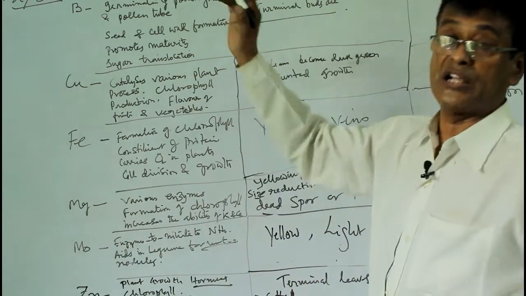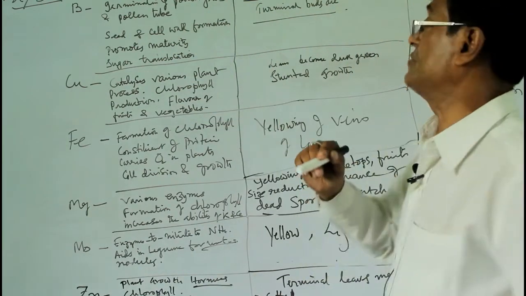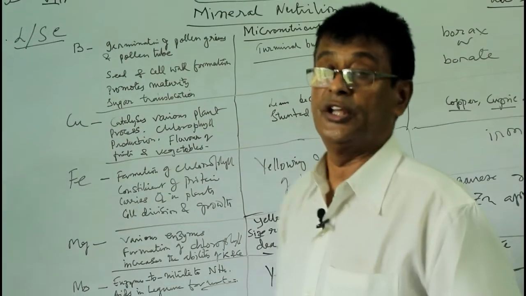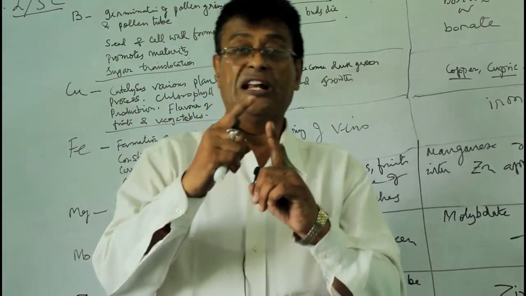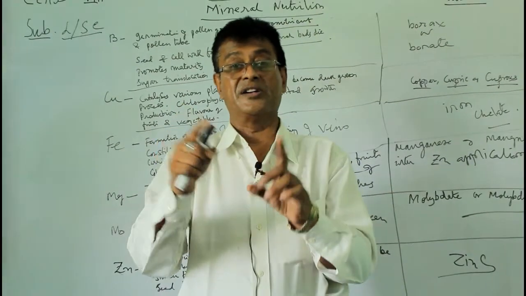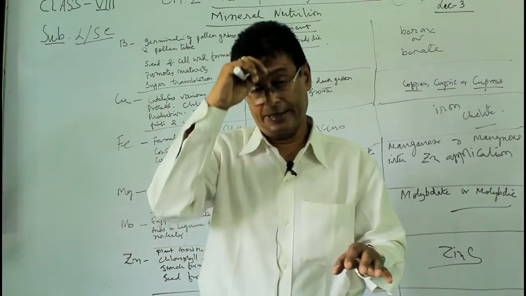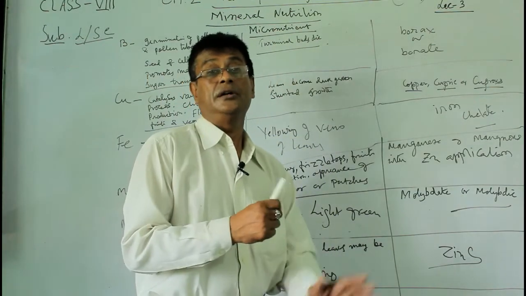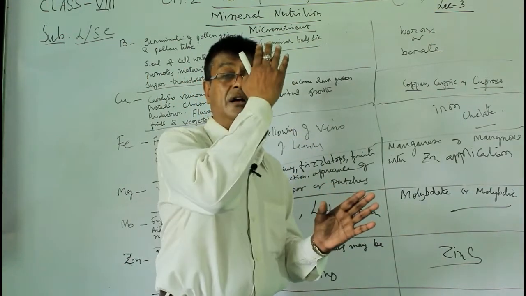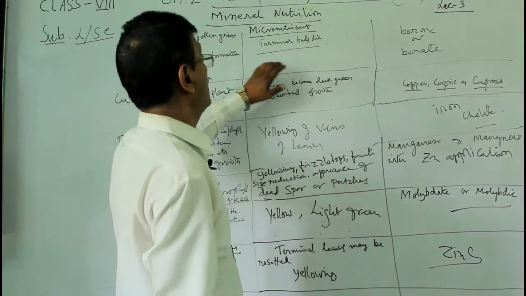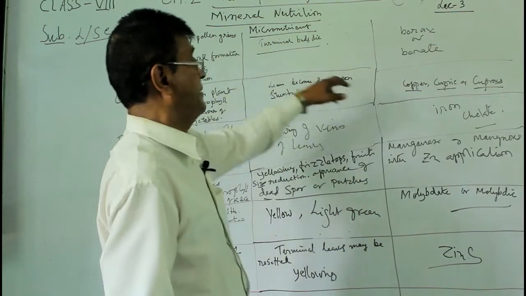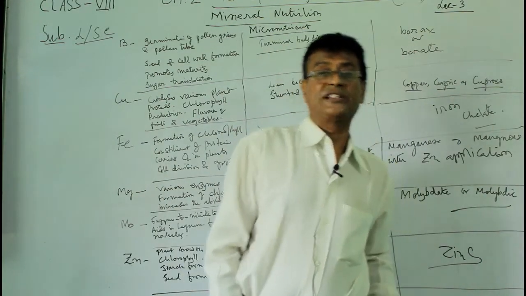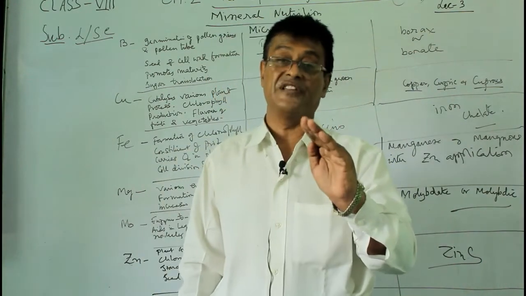Now, what will happen in the deficiency? You see, the terminal buds will die. You know, there are apical or terminal buds, and there are axillary buds. The terminal buds will die, so it will hamper the plants and hinder the growth in length of the plant. Now what is the remedy? The remedy is to use borax or borate to prevent this.